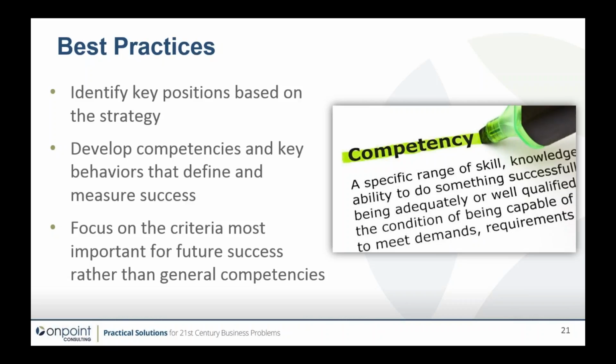And here what we're doing is creating a competency model with behavior examples at 3 different points: at the effective level, at the highly effective level, and at the below standard level. So you're trying to be clear about what good looks like, what great looks like, and what below expectations looks like.